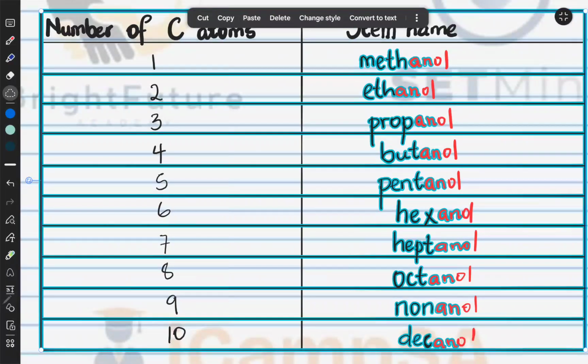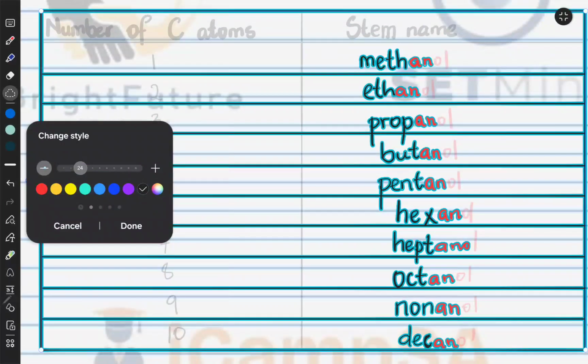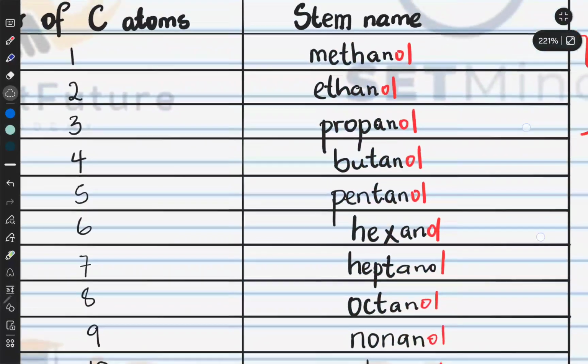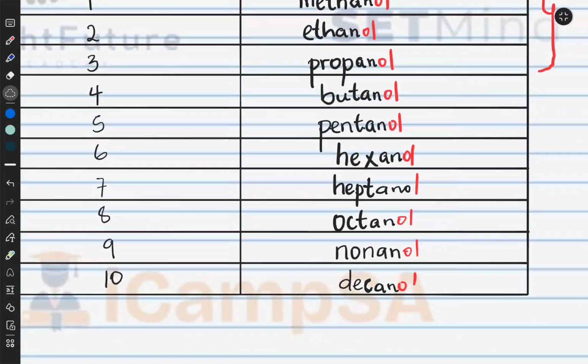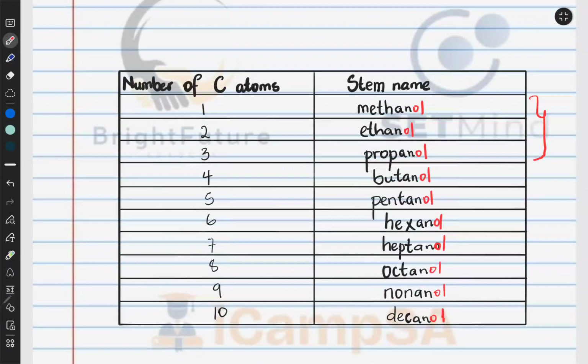Right, so I was just supposed to, we'll see now in a second. All right, so just to highlight that the OL is the suffix, all right, not the ANOL, but the OL. So this is what would happen.